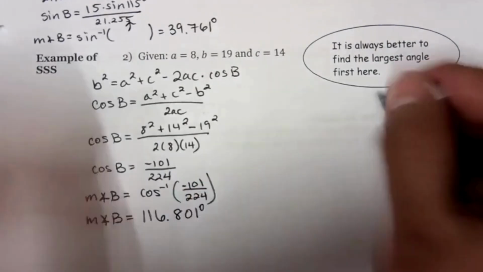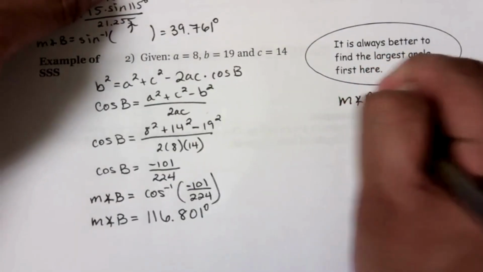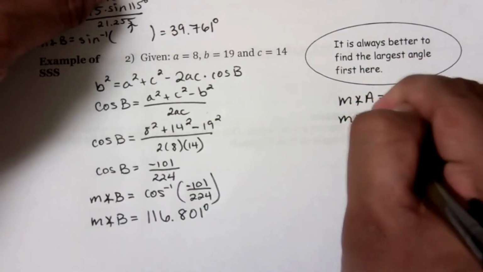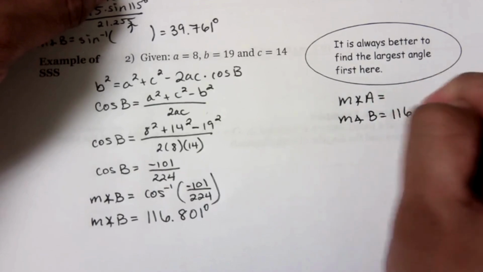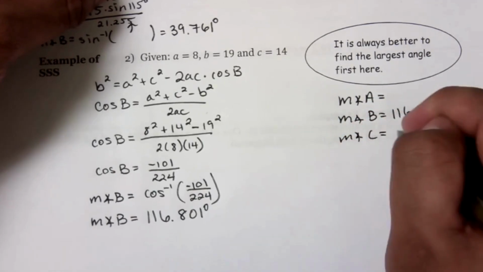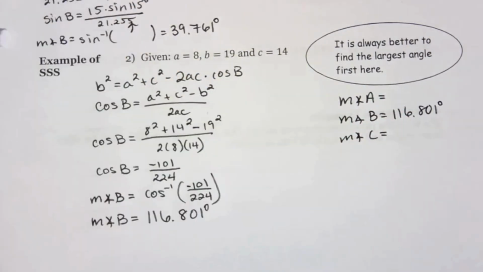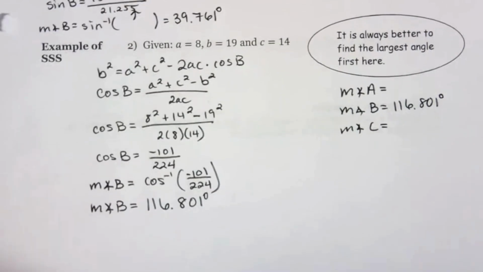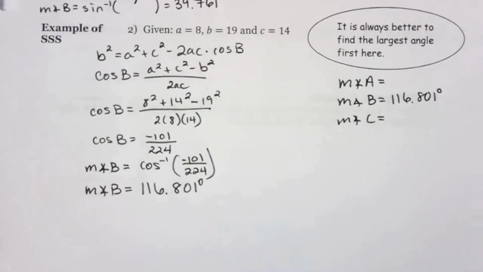So we could make a list of what I need to solve for. We just found B, and then we need to find the other angles. Now again, it doesn't matter what order you do this as long as you have the largest angle first.